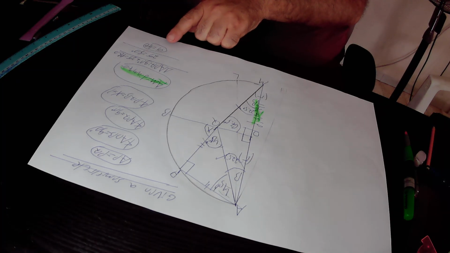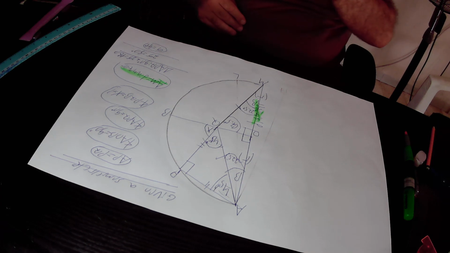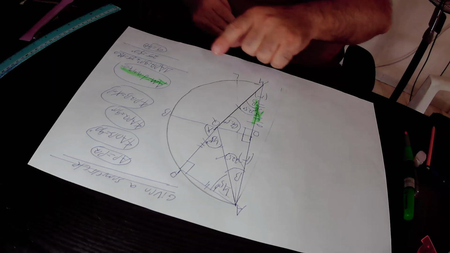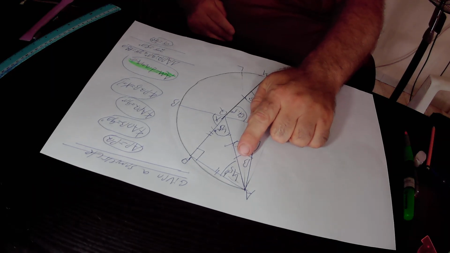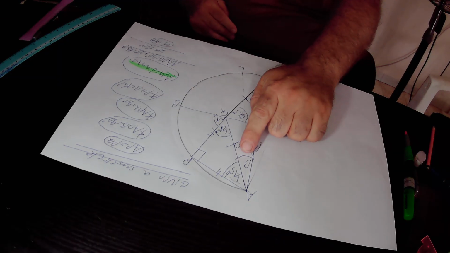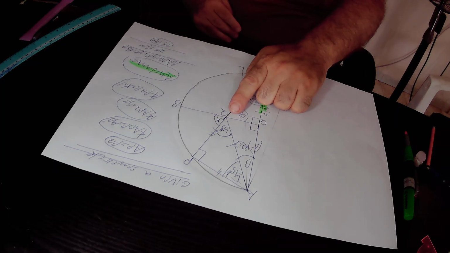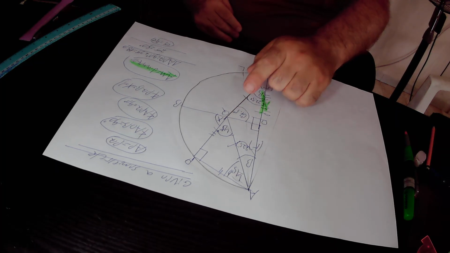So 2 alpha equals 90 degrees. Here we divide this equation by 2 and find that the missing angle alpha equals 90 degrees over 2, so 45 degrees. So this is the missing angle alpha, equal to 45 degrees, and this is also the missing angle alpha, equal to 45 degrees in size.